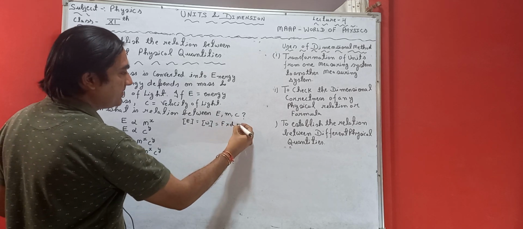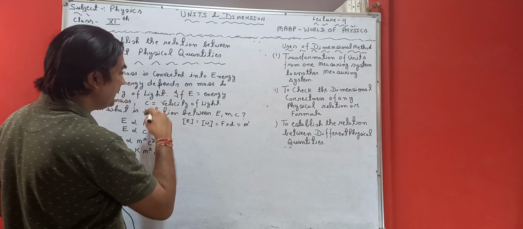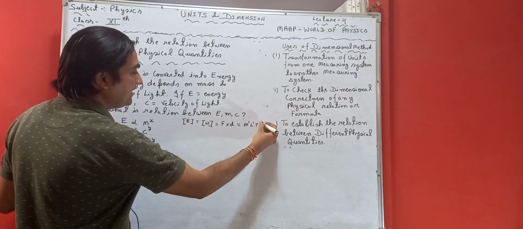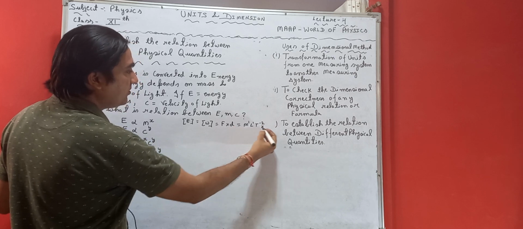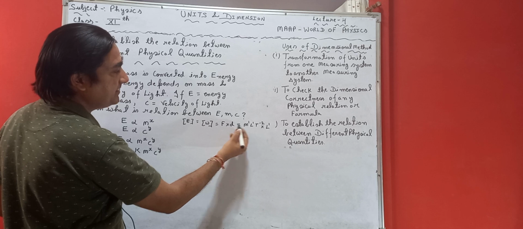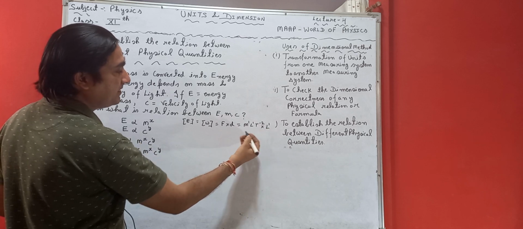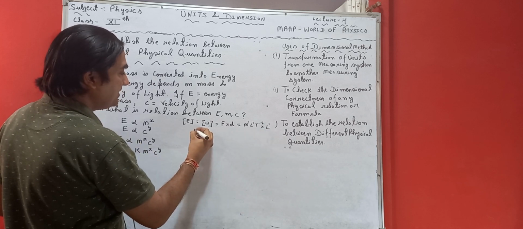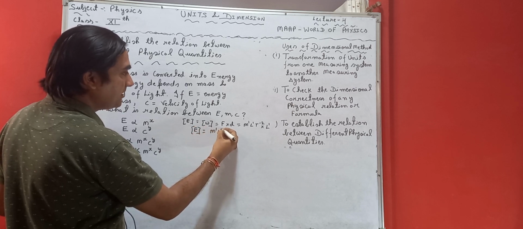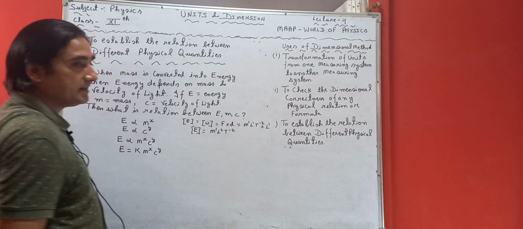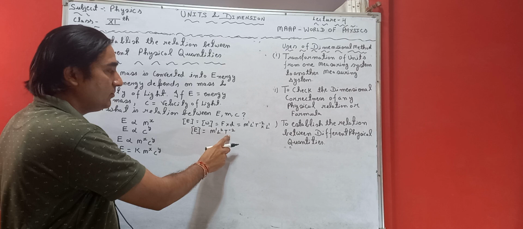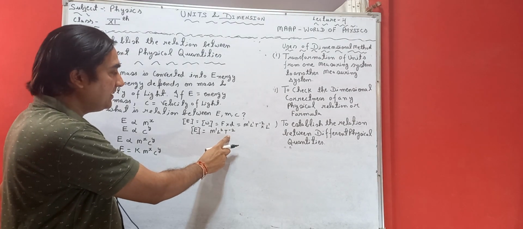The dimension of force I have already calculated in the previous question, that is M^1 L^1 T^-2, multiplied by the dimension of displacement, which is L^1. So the dimension of energy is M^1 L^2 T^-2.